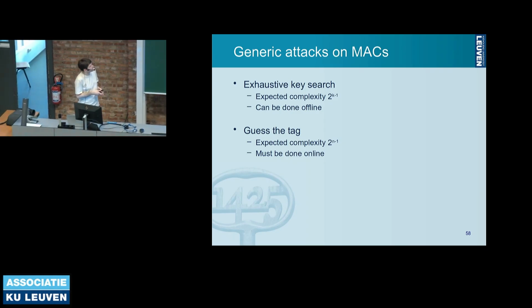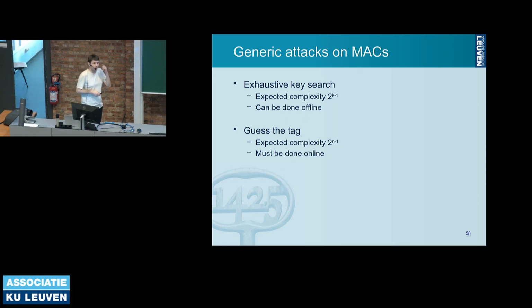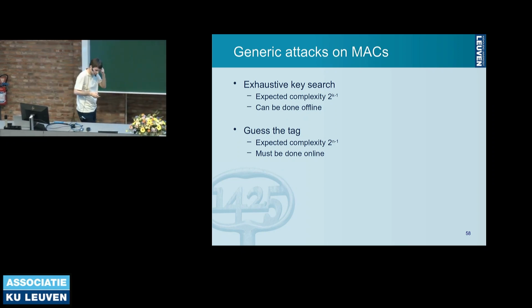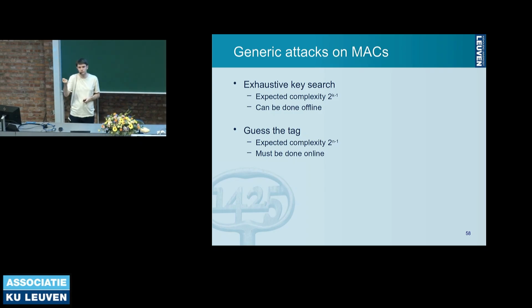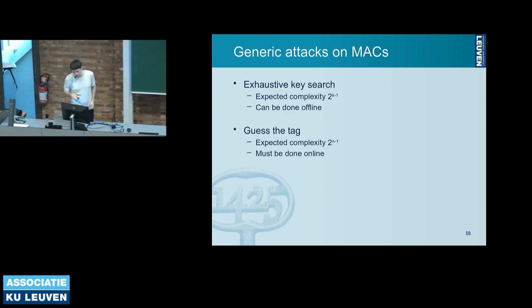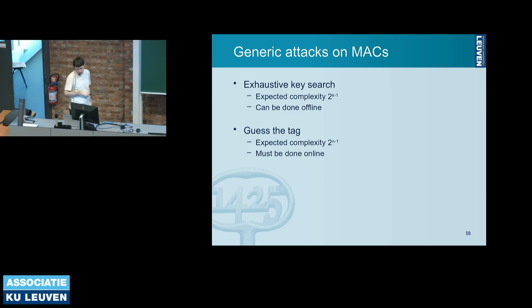If you have an n-bit tag, you have to try about 2 to the n-1 times. But it's more difficult because if I'm trying this on an actual system and the verification of the tag fails, they will not allow me to do this an arbitrary number of times. This will be limited by the server or whatever that is. So that's an online attack, so it's much more difficult.